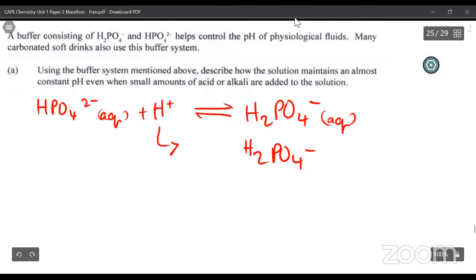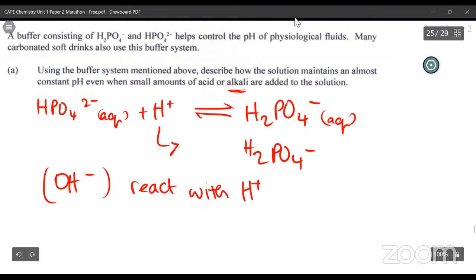However, if you add an alkali to the solution, you'd be adding OH minus ions, sorry. These OH minus ions will react with H plus ions, and you will get H2O, which is water.